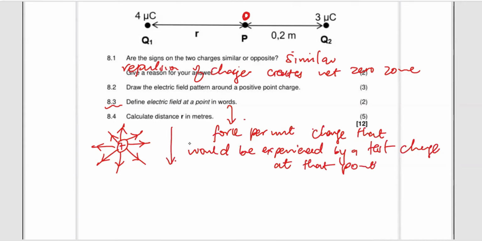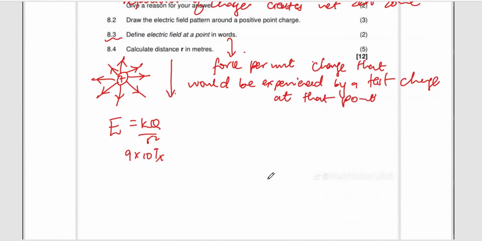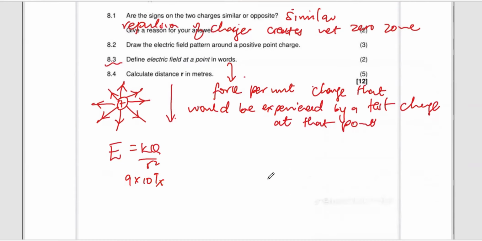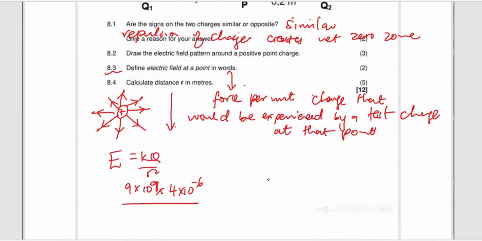And then calculate the distance r. Since the net is 0, we just have to look for that. So we know that the electric field is given as E equals kq over r squared. So 9 times 10 to the 9, the charge of Q1 is 4 micro, so that is 4 times 10 to the negative 6, divided by the distance of separation, which is r.